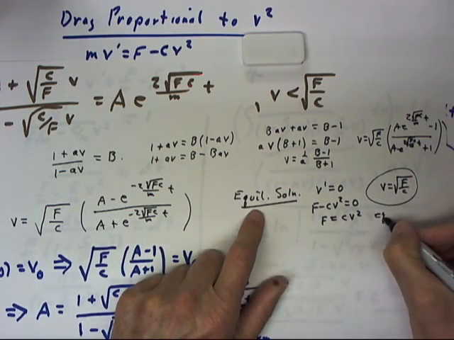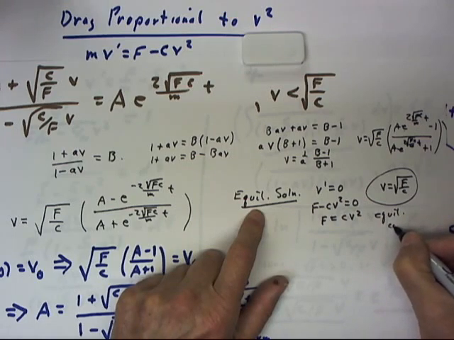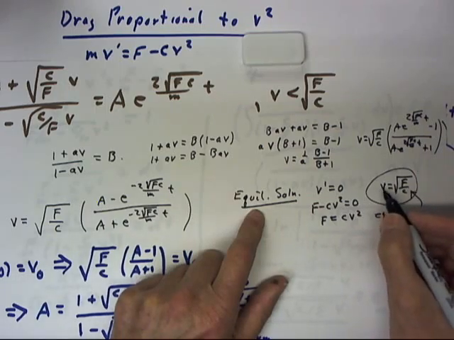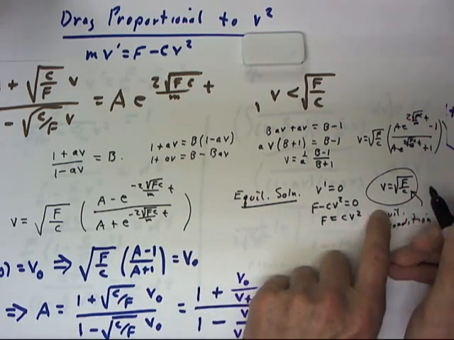Okay, this is the equilibrium condition, the condition in which the velocity will be unchanging.